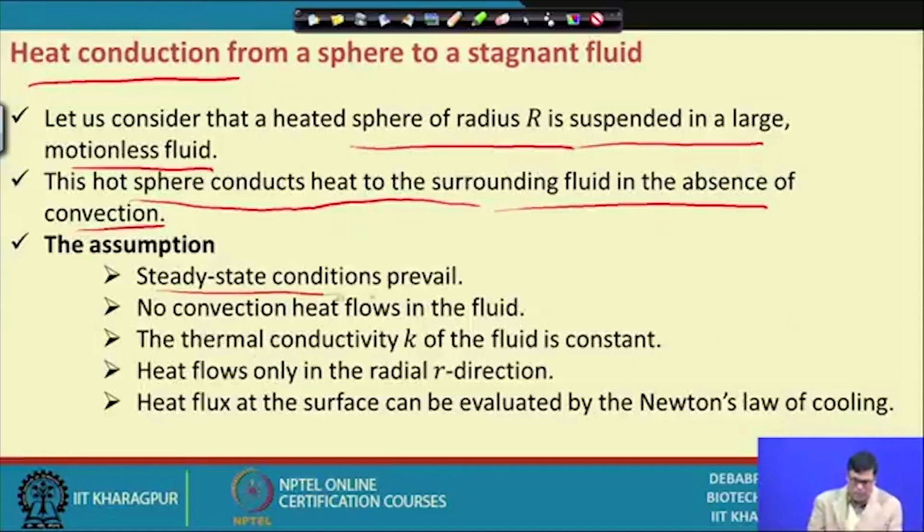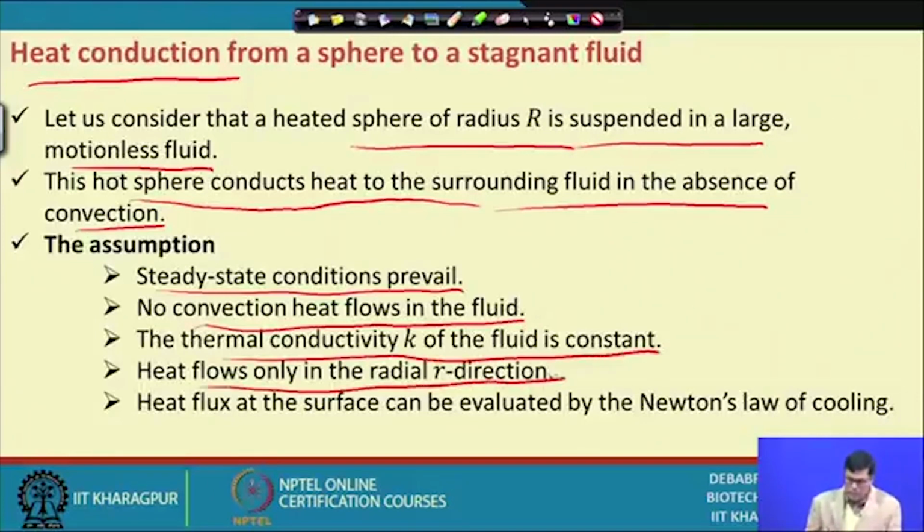The following assumptions are maintained: steady state conditions prevail, no convective heat flow in the fluid, the thermal conductivity k of the fluid is constant, heat flows only in the radial direction, and heat flux at the surface can be evaluated by Newton's law of cooling.